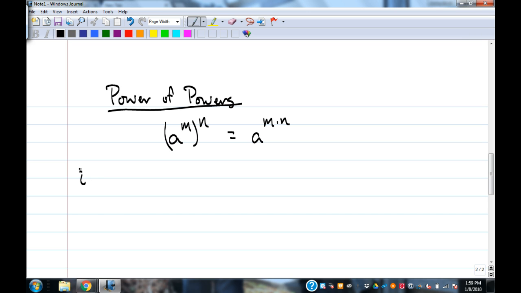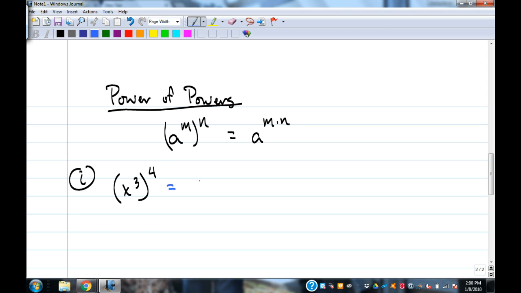So if we had an example, x to the third in parentheses, and let's put that to the fourth power. Will it always be x? No, it could be any base. It doesn't matter what the base is there. I'm just using x. We'll do some different letters in just a second. So x to the how much? 12.